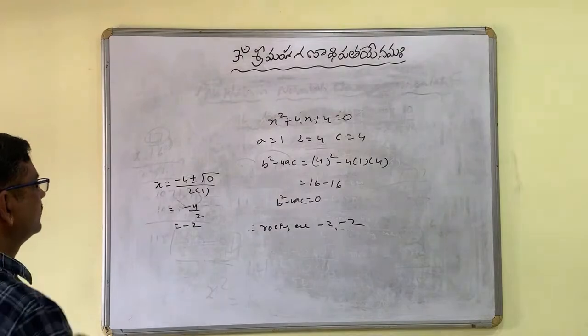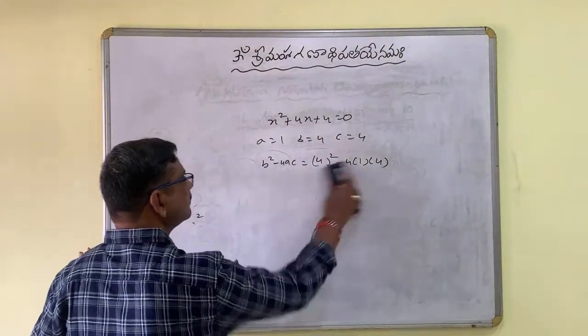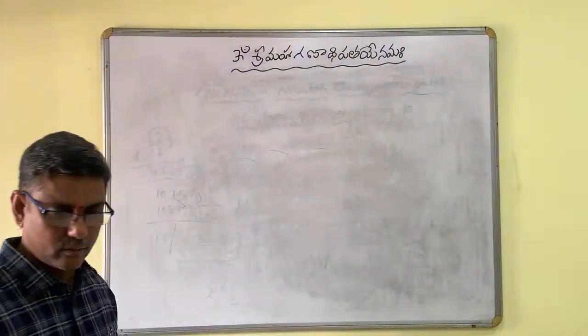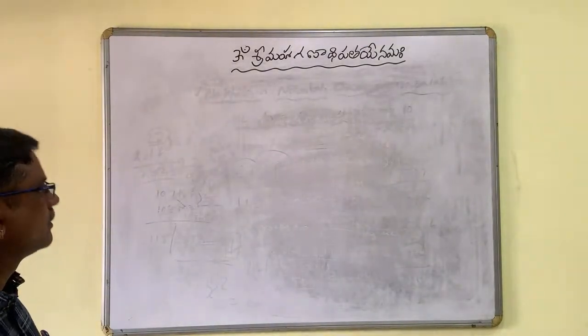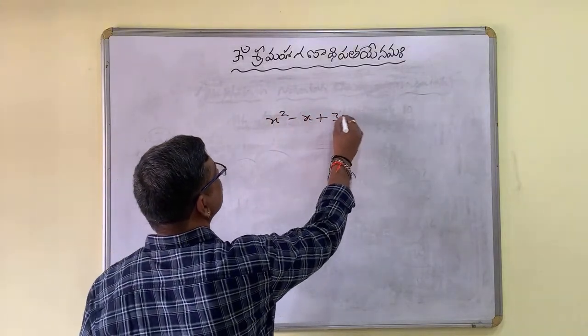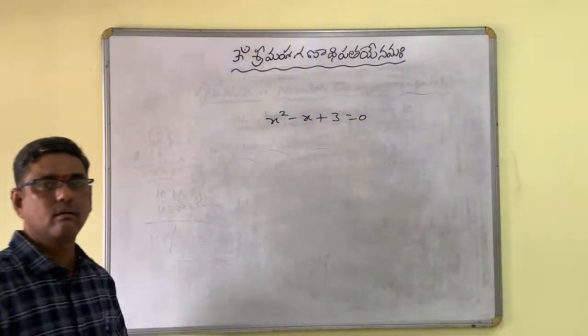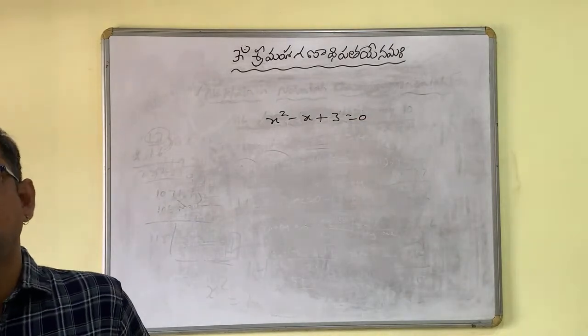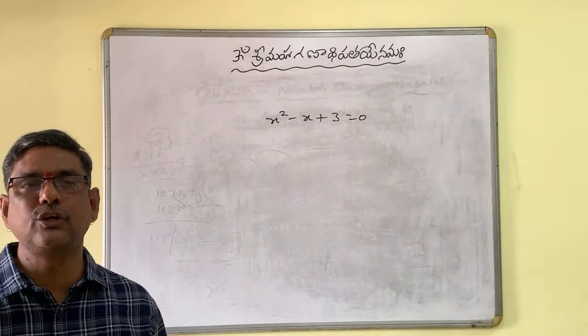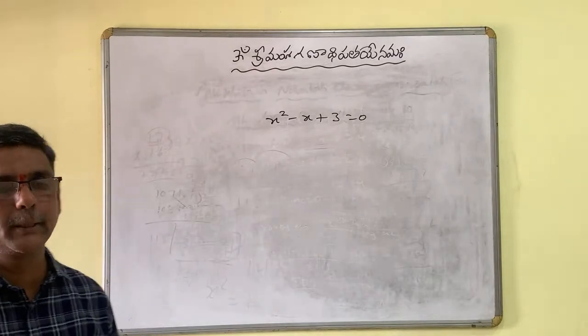Okay, suppose if a question is like this, we need to find out the zeros of this quadratic equation.